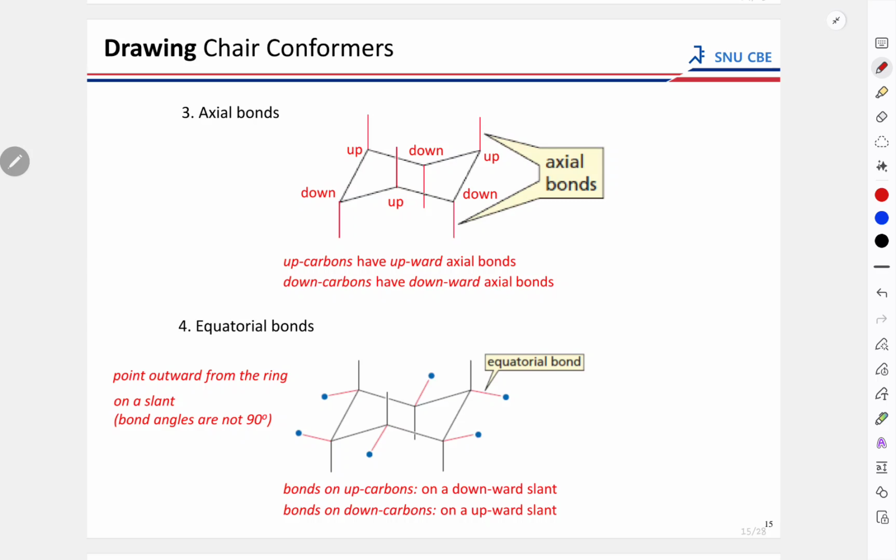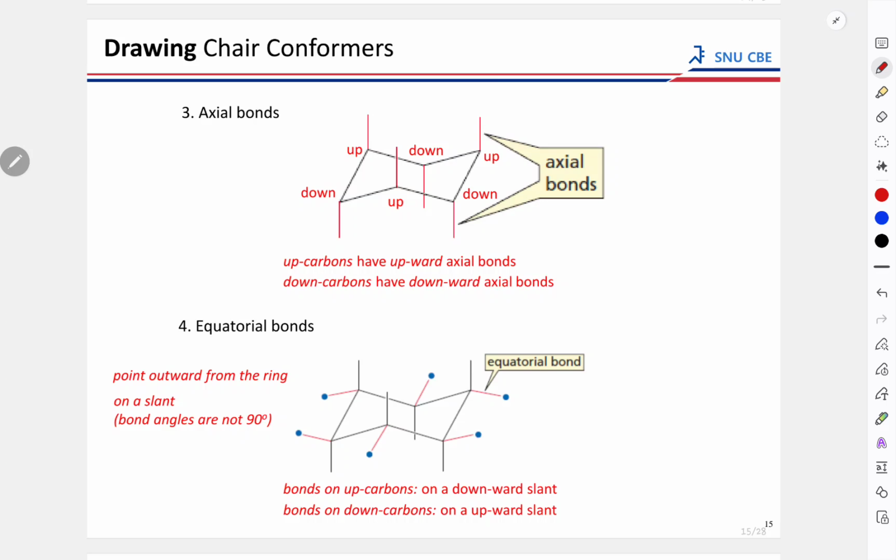You have down carbons here, here, and here, and each has an actual bond as well, and that must go down. Okay? Down carbons have downward actual bonds. And for the cyclohexane, of course, you can think about there's a C-H bond, right?